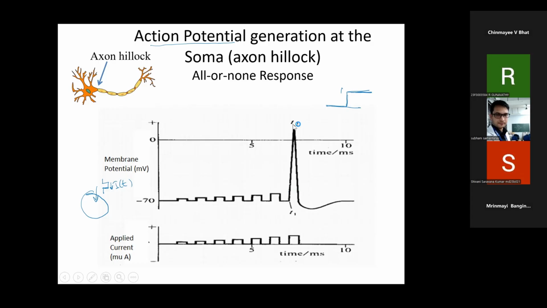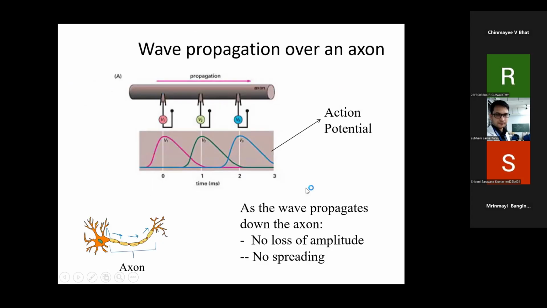So it goes all the way to some positive value and comes back down. This process is called depolarization, because the normal polarity of the neuron is negative voltage inside. But once the action potential is generated, once the neuron is excited because of a stimulus like this, the polarity flips and the voltage inside becomes positive, like you see in this picture. So this is called depolarization.